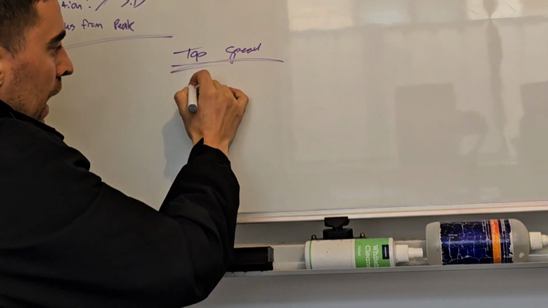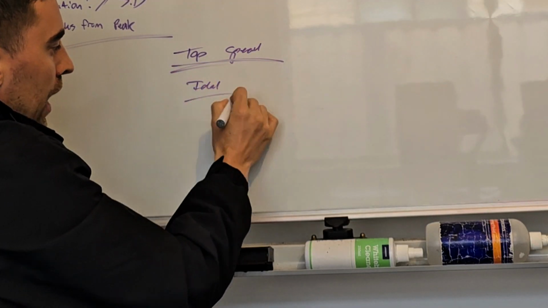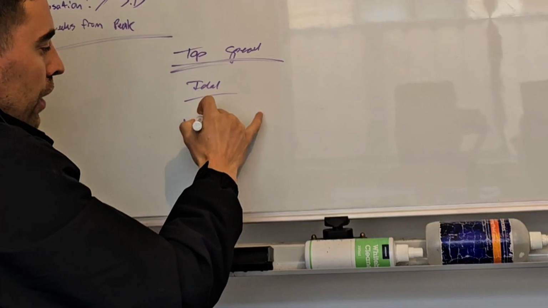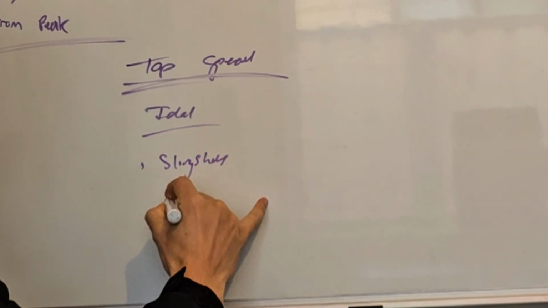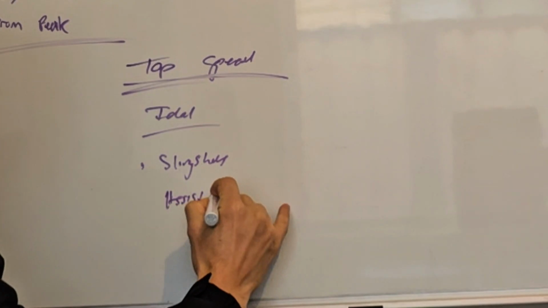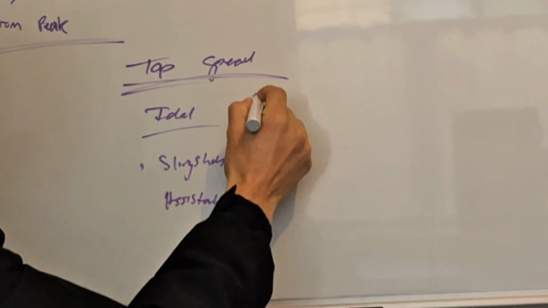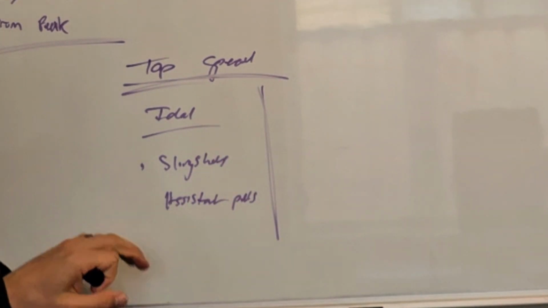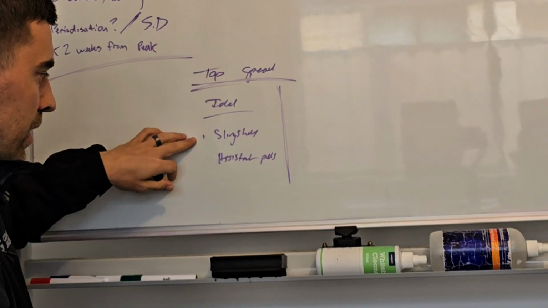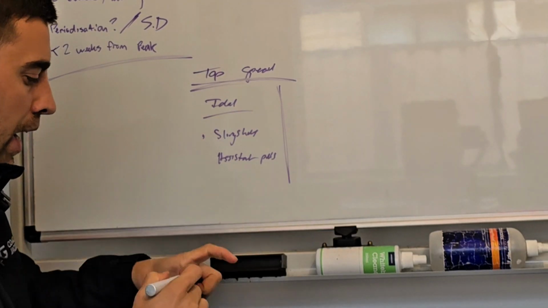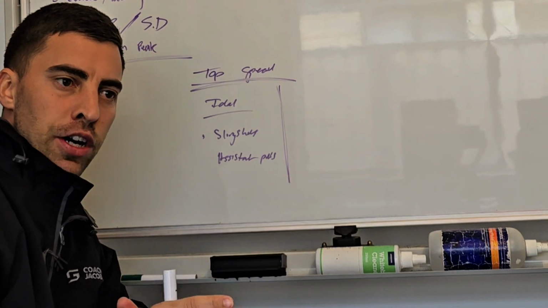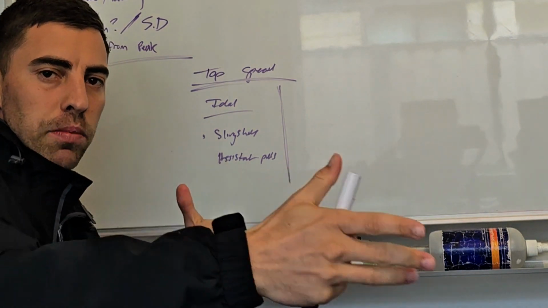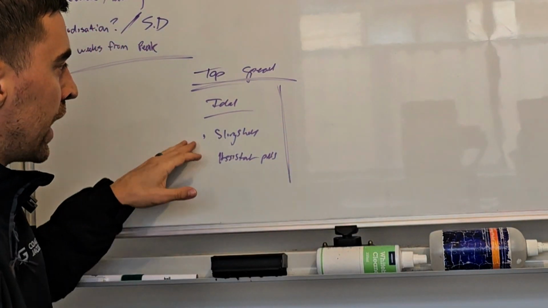And so ideal scenario, I really like to go slingshots paired with constant assisted pulls. So this is with the 1080, probably the best means of developing top speed. If you're not sure about slingshots, I've got other videos on them, but it's basically assisted loading at the beginning and then it drops off. So it pulls you to the beginning and then you build from there. I pair these two together.